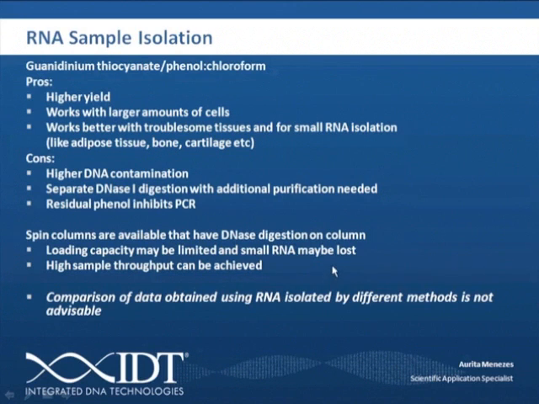However, you have to keep in mind that small RNA may be lost. So what method you choose is dependent on what type of RNA you're interested in, but just keep in mind that you want to use the same method for all your samples. Comparison of data obtained using RNA isolated by different methods is not advisable.